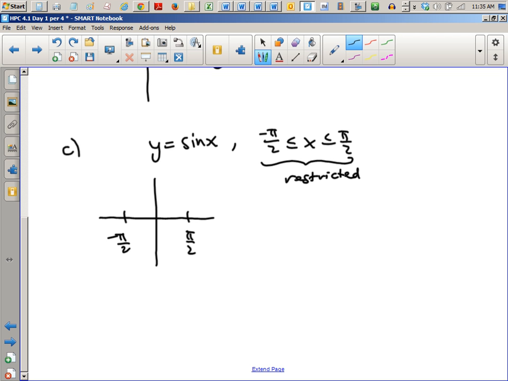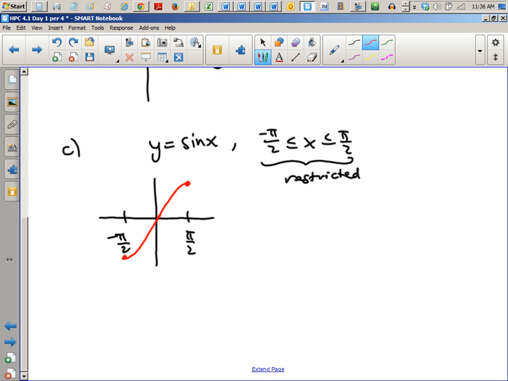The instructions are telling us to stick to this part of the picture. Okay? So the graph actually looks like this. It's right between the first trough on the left and the first peak on the right, the first crest. So what we have here is a little sliver of the sine wave, just a small piece.